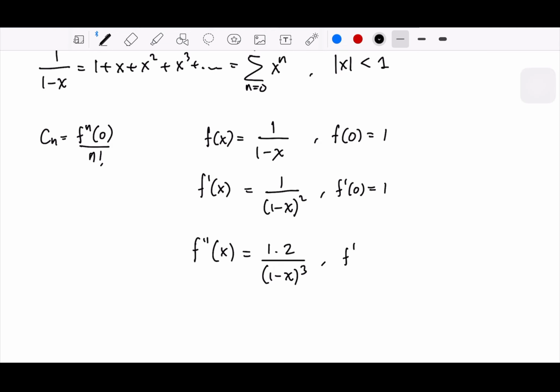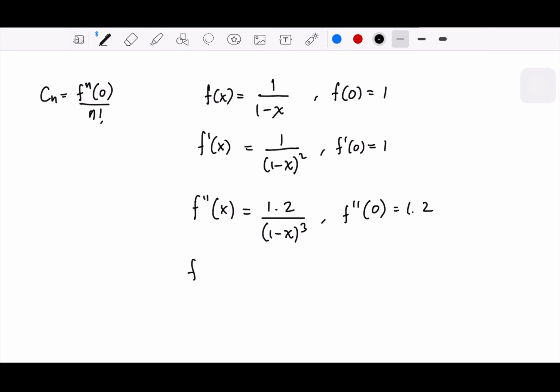The third derivative will have 1 minus x to the power 4, and this will be 1, 2, and 3.